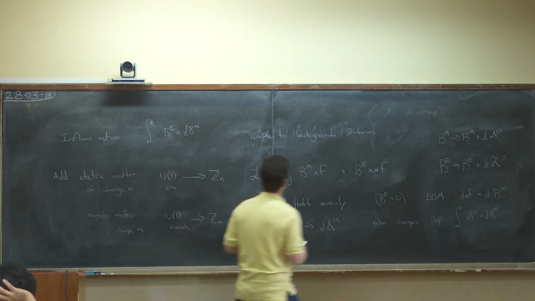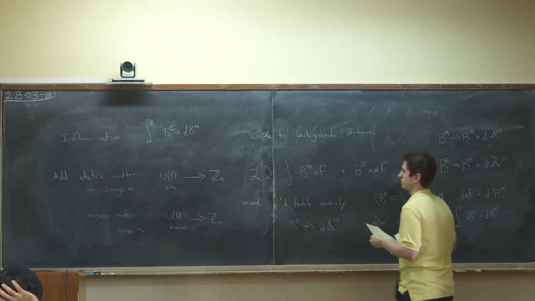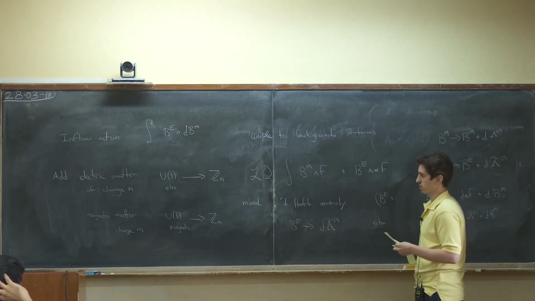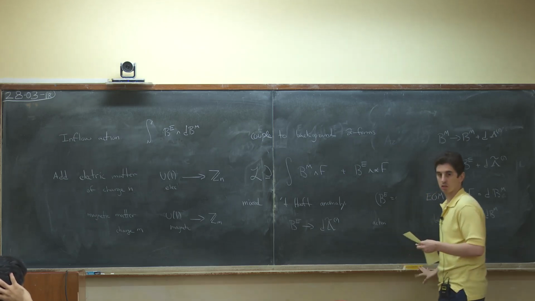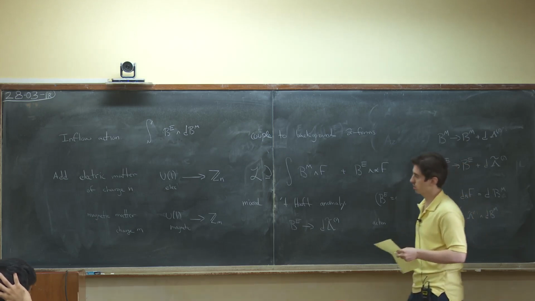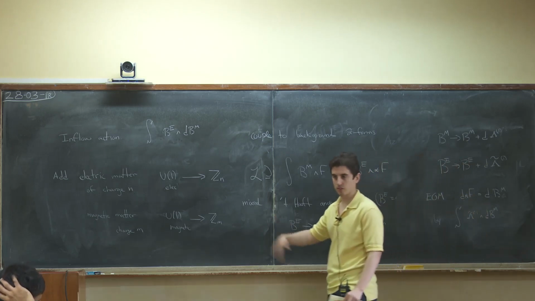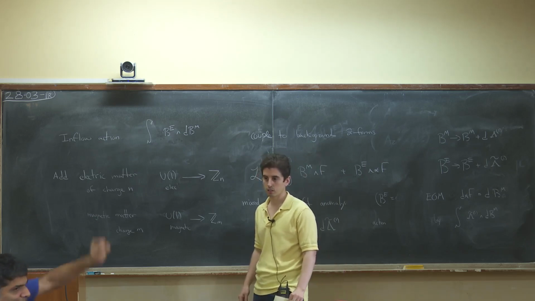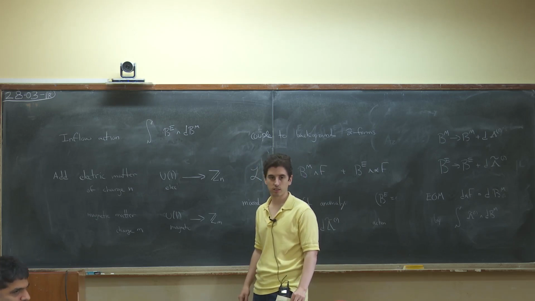Finally, there was a question. So these would be strings now? No, no. Just ordinary fields in the Lagrangian of electric charge n. You can think of the ordinary fields as having Wilson lines. How does it work in the codimension one case then?